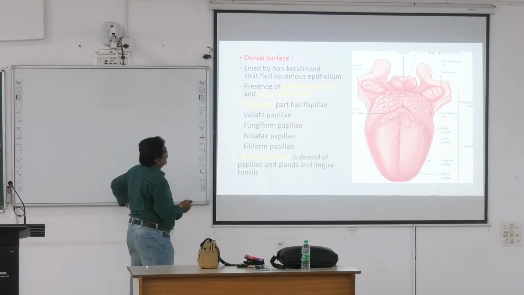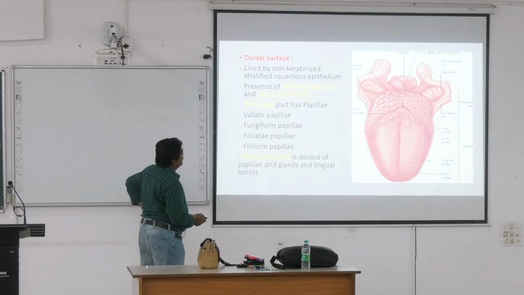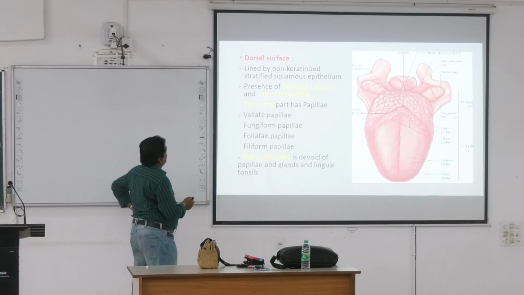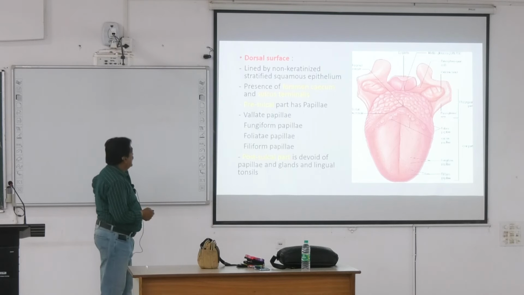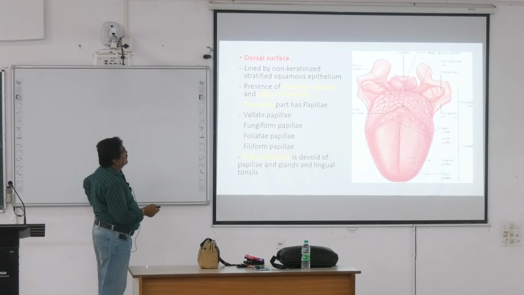Now, vallate papillae, fungiform papillae, foliate papillae, filiform papillae. The postsulcal part is devoid of papillae and glands, and has lingual tonsils. These are the glands and the lingual tonsils here. Now, this is the epiglottis.